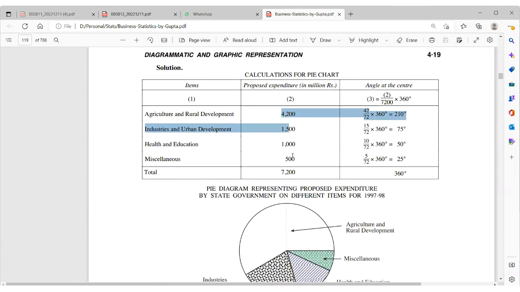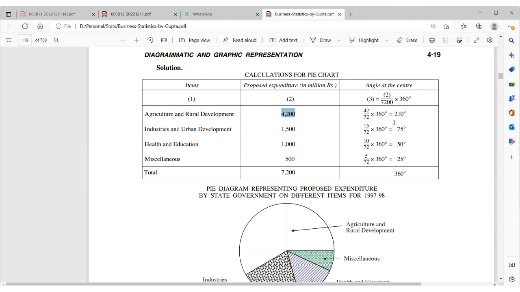What we do, make a total of this. Total comes to be 7,200. So we need the percentage of all this. Actually, we find the angle, because a pie diagram is a diagrammatical representation in a circle.